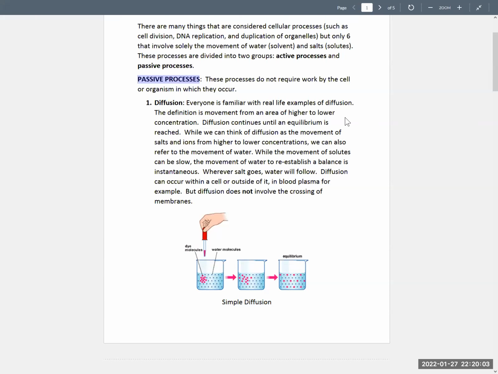Better to be wrong here than on the test. Is it dissolving? That's good, but that's not the one I was thinking of. Is it dispersal? That's the one I wanted. Dispersion, okay? Now dissolving is good, okay? Dispersion is the one I was thinking of too. And so obviously so are you, okay?